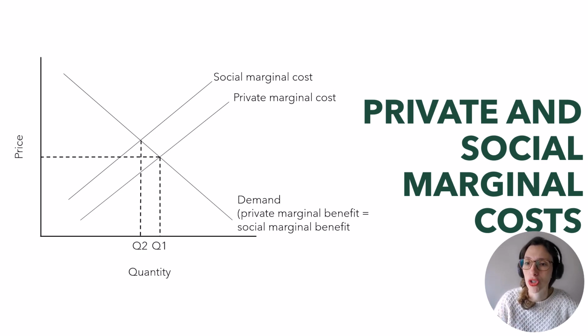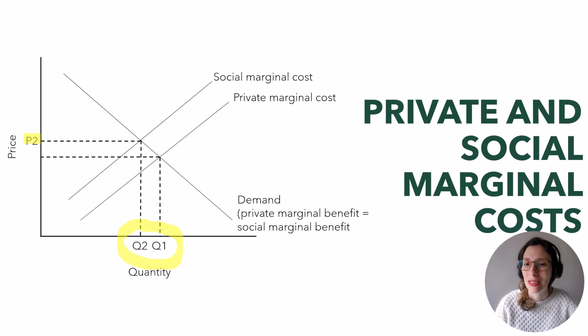When private marginal costs are lower than social marginal costs, as shown in the graphic, the market outcome will involve overproduction. Indeed, as you can see in the graphic, the difference between Q1 and Q2 represents the additional quantity produced above the socially optimal level.